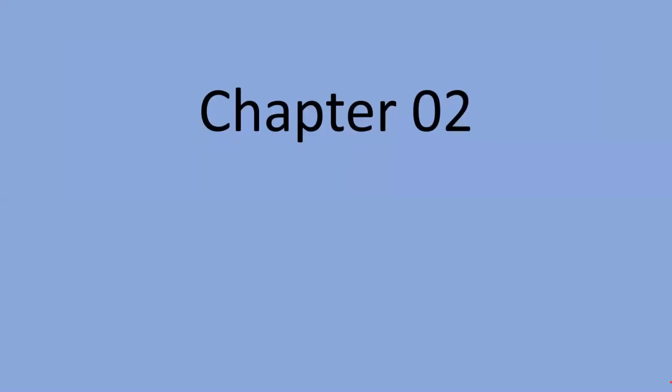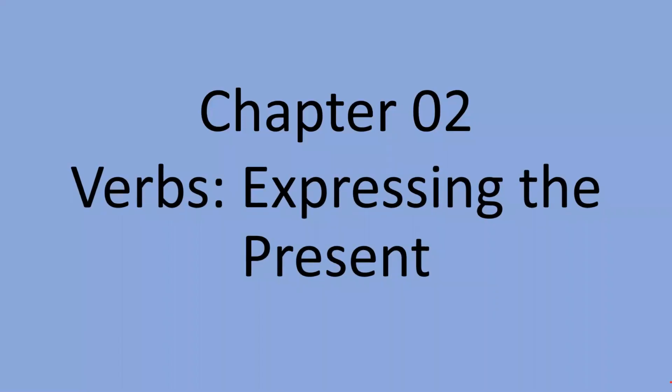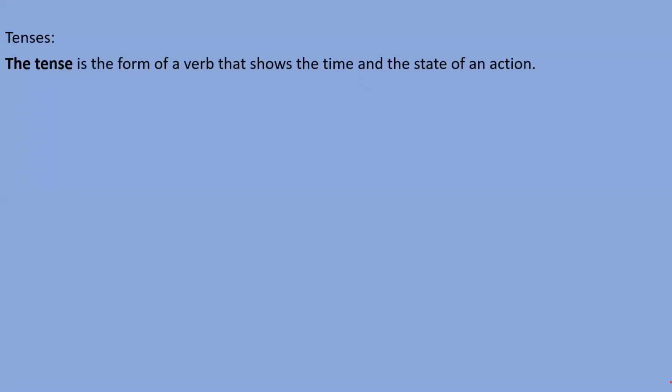Next, chapter 2: we are going to study verbs expressing the present. Basically in this chapter we are going to study the present tense. Okay, let's start. First of all, let's understand what tenses are.